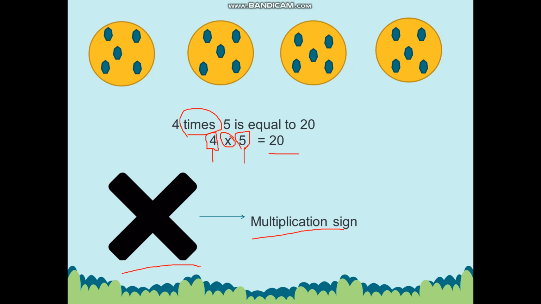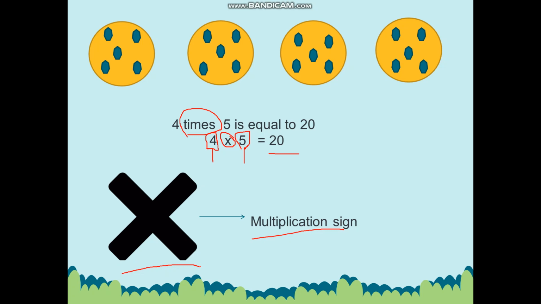Children, you all must be thinking, when multiplication is repeated addition, why do it this way? Why not simply add? So children, to make the process easy and short, we multiply. Suppose you have to add 40 items 39 times, it will be a long process.